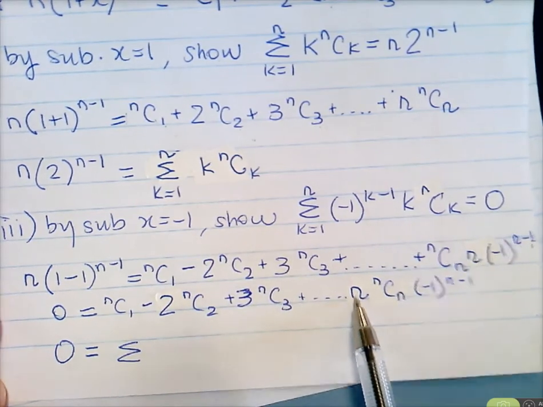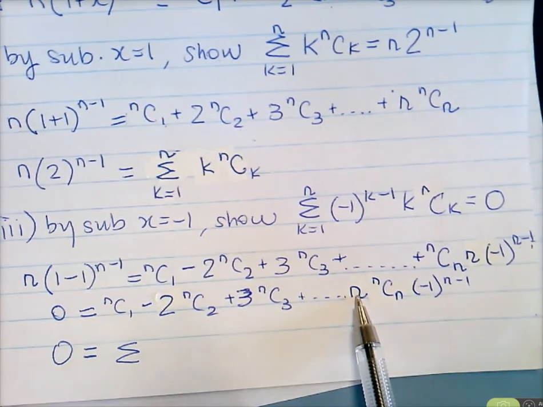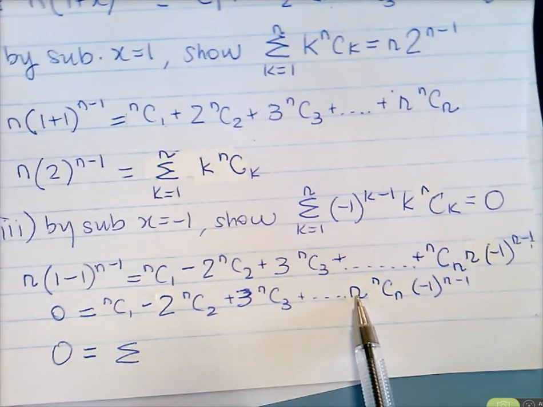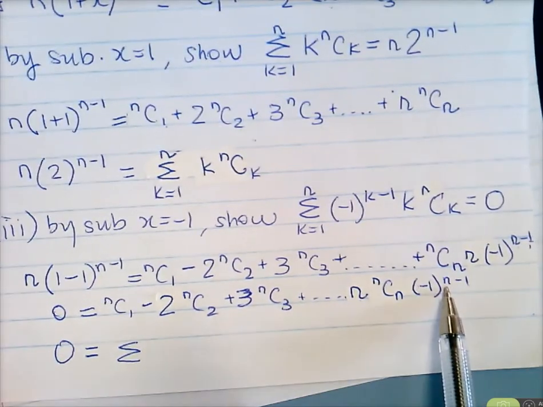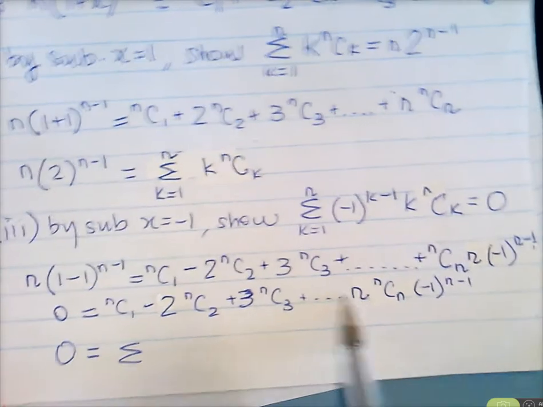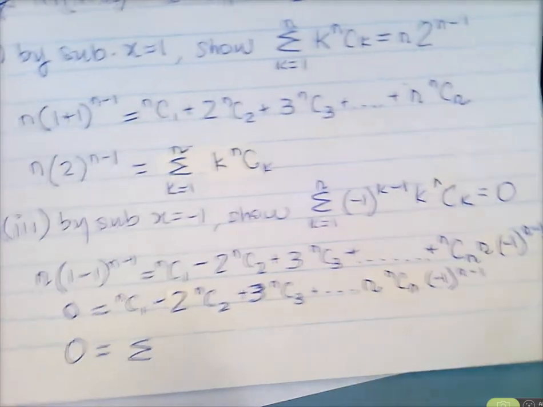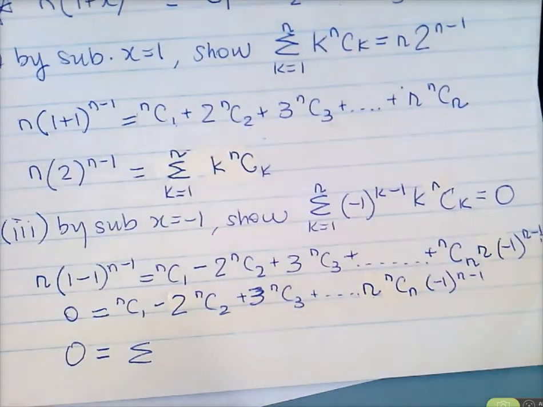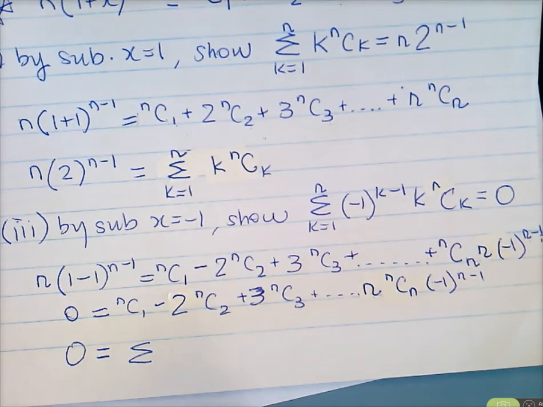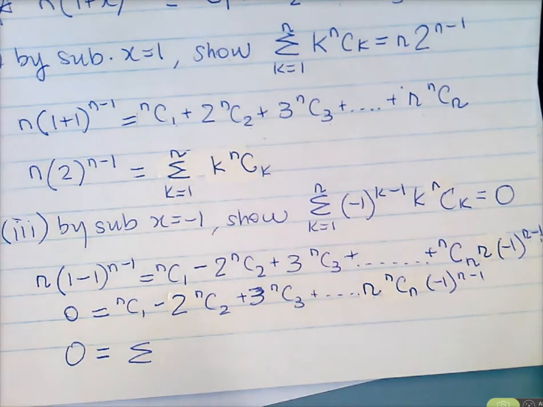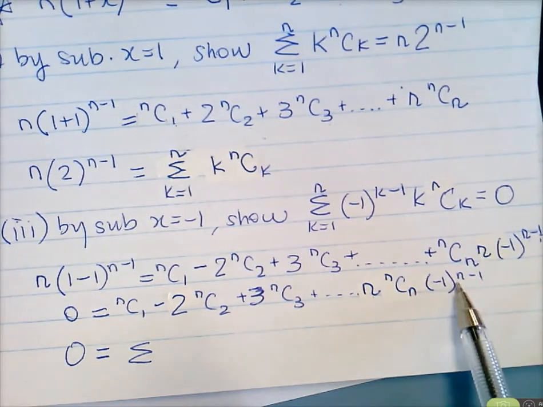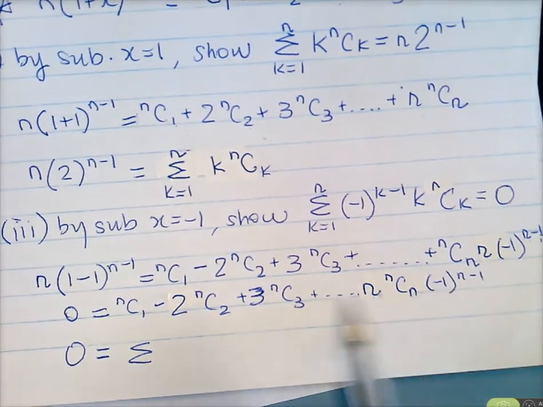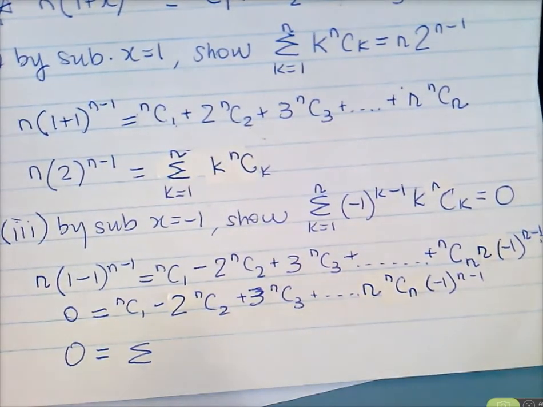Whether the last term is a plus or a minus depends on n. If n was 18, you'd get negative 1 to the 17, it would be negative. If n was 17, you'd have an even power, so that last term would be positive. It doesn't matter.